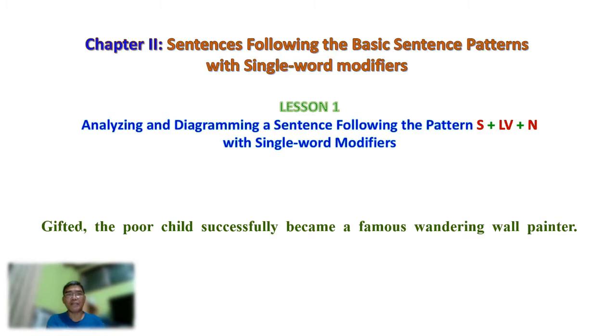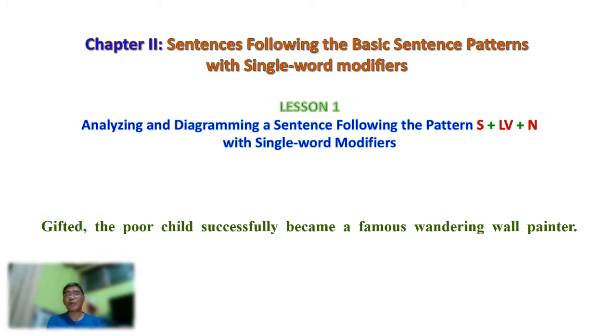There are 11 words in our given example of sentence. These are gifted, the poor child successfully became a famous wandering wall painter. Quite long, isn't it?